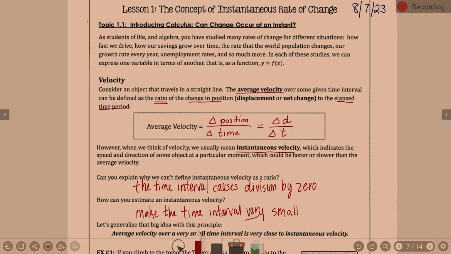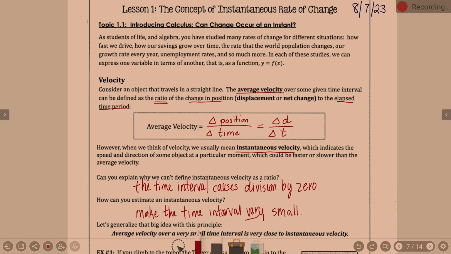Now, I'm going to have to go to the top of the next page for mine because it's right where I broke my page, but let's generalize that big idea with this principle. Average velocity, which is the change in position over change in time, over a very small time interval is very close to instantaneous velocity. It's not exactly instantaneous velocity, but just by doing basic ratios here, we can't find instantaneous velocity.